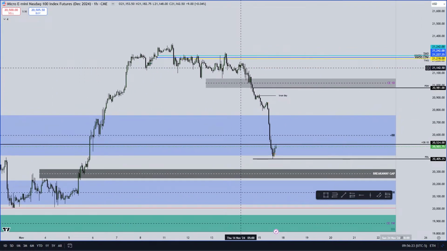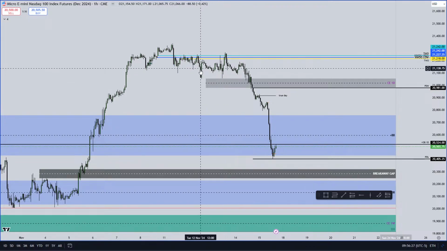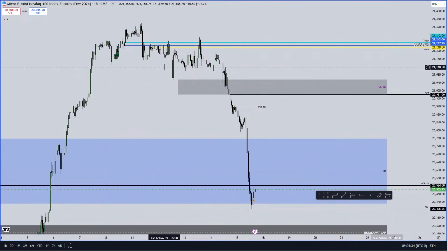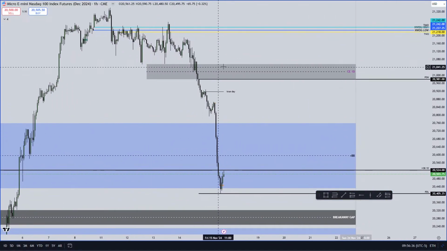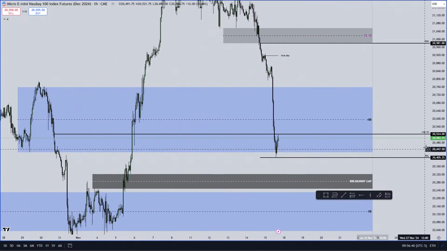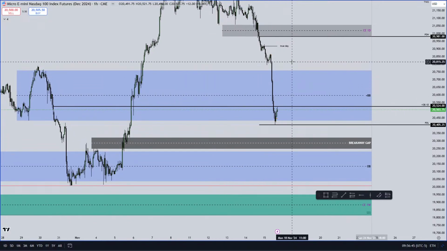We don't have a clean one to say. We do have these order blocks, so I'm not going to mark any breaker or mitigation here. We'll just stick to this 1 day FVG. It was a very sharp fall in NQ.